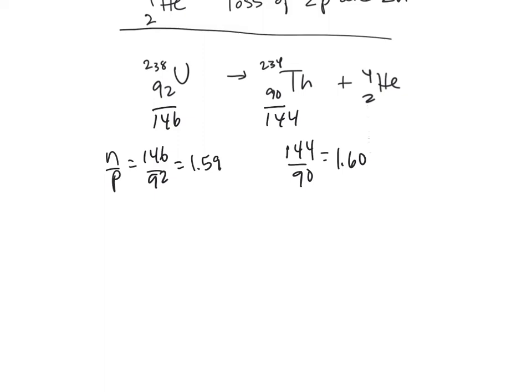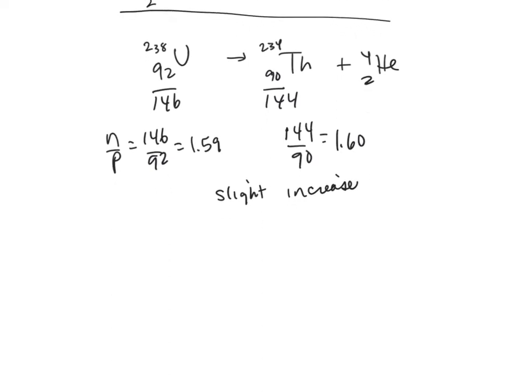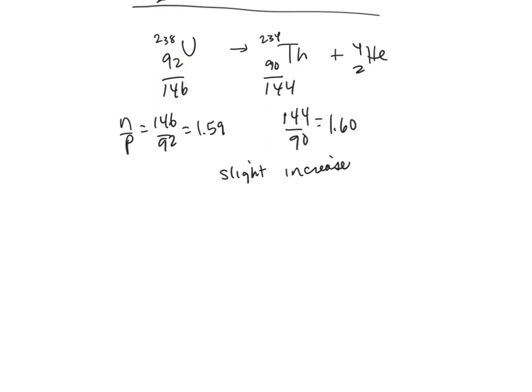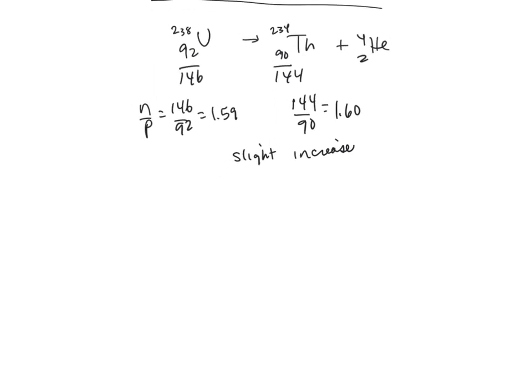And you just say there's a slight increase, but that's not the entire story here. So what is it that actually is going on with uranium-238, which is a very important isotope, by the way, for nuclear reactions, nuclear power plants, explosions, bombs, everything in between.